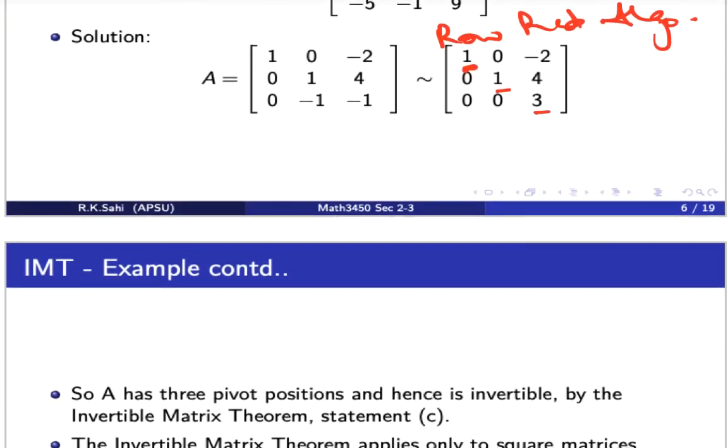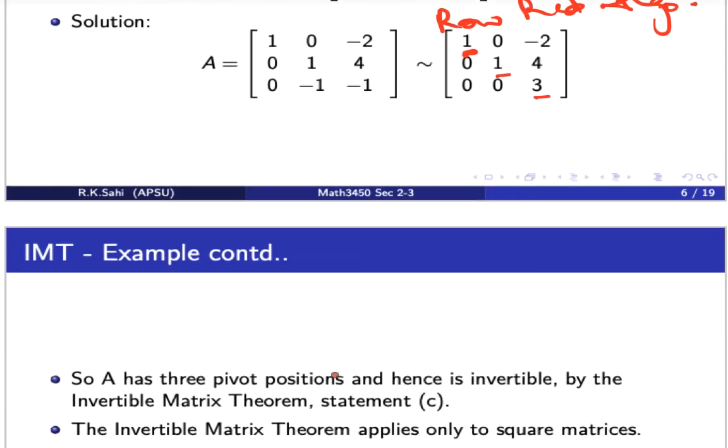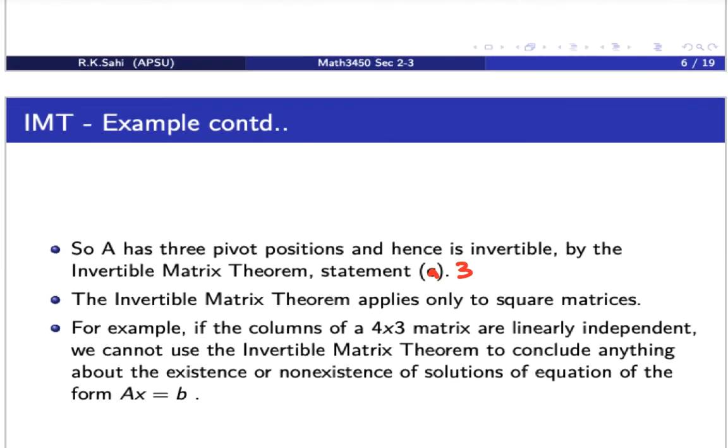As we said earlier, it has 3 pivot positions, hence invertible by the invertible matrix theorem statement 3. Here I'm using the numbers, so you can think of this as statement number 3. Now keep in mind, we are always going to apply the invertible matrix theorem to square matrices. Suppose we have a 4 by 3 matrix and we find that its columns are linearly independent.